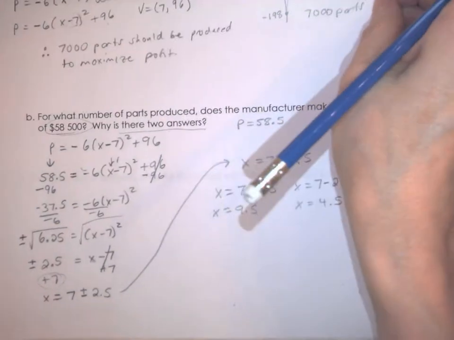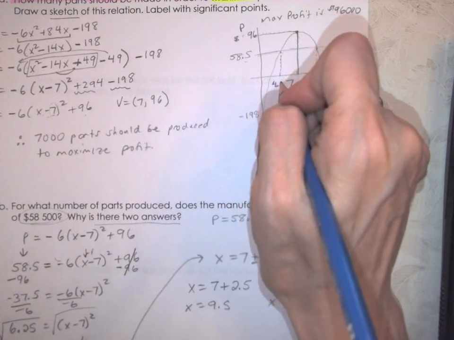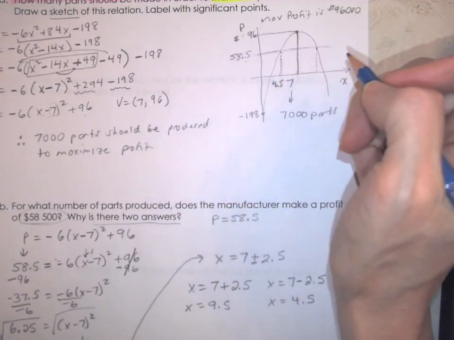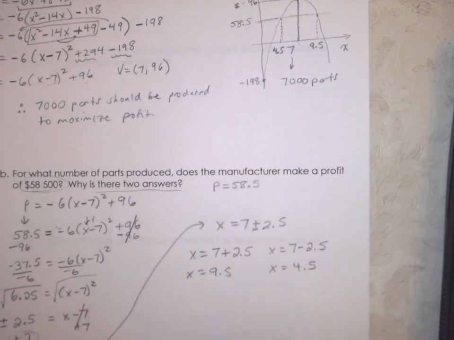Okay, now what does that mean? That means if we looked at our picture here, this would be 4.5, the one that's less than 7, and this would be 9.5, the one that's greater than 7. And what does it mean?